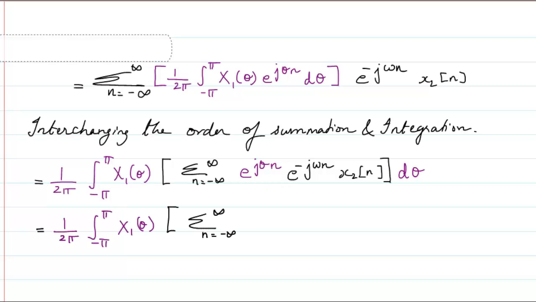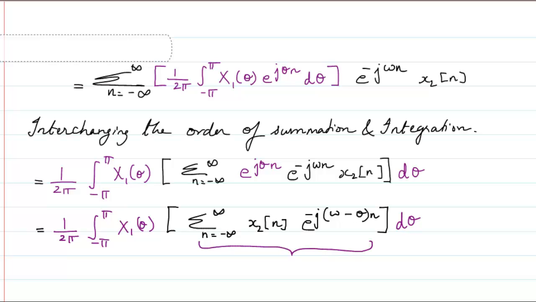So I will first write x2 of n here, and then e raised to power minus j omega minus theta n together in the bracket, and then we have the d theta portion. Now what is this? This is the Fourier transform of x2 of n with respect to omega minus theta. So we will replace that.